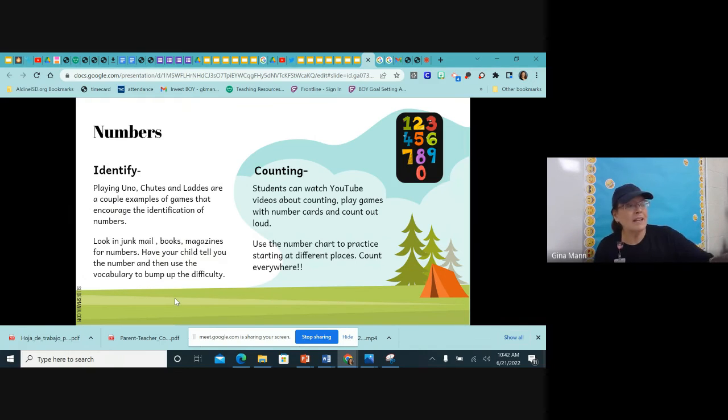If they say, oh, look at that license plate, look over there at that sign, they start seeing the numbers and they start understanding numbers are everywhere. And numbers are super important, just like on the phone when they're looking at your phone. So helping them see the numbers, count the numbers, identify numbers, seeing the patterns in the world around us, how things repeat, and being able to see number patterns, that's super, super important.